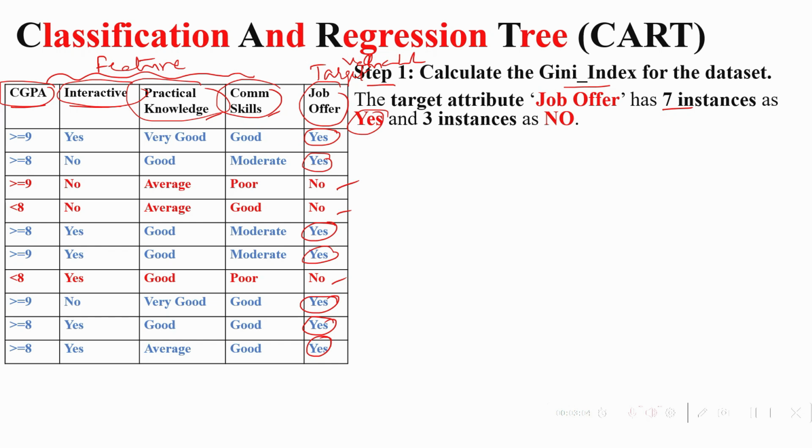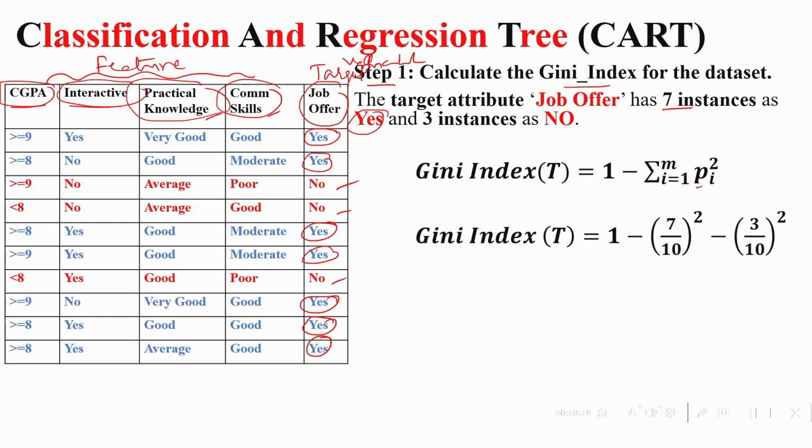Based on this information, we have to find the Gini index for the target variable. The Gini index of the target variable equals 1 minus the sum over i equals 1 to m of p_i squared, where p_i is the probability of the corresponding class label. So the Gini index of the target variable equals 1 minus (7 by 10) whole square minus (3 by 10) whole square, since the total number of yes is 7, the total number of no is 3, and the total number of elements in the data set is 10.